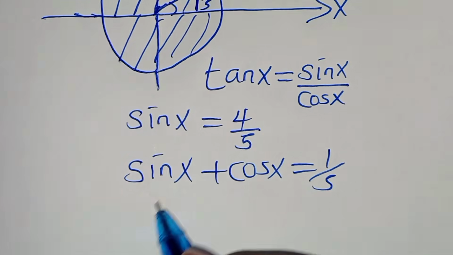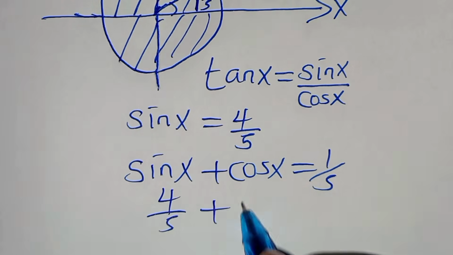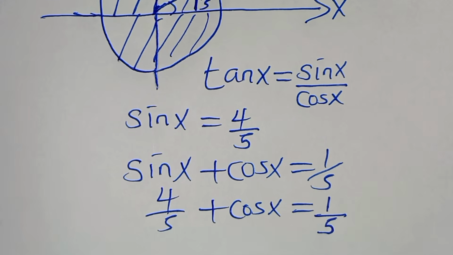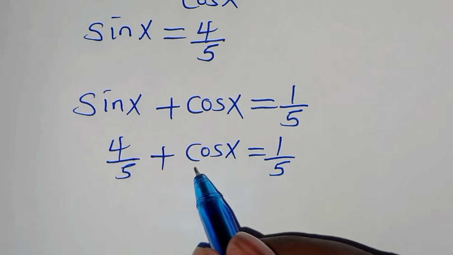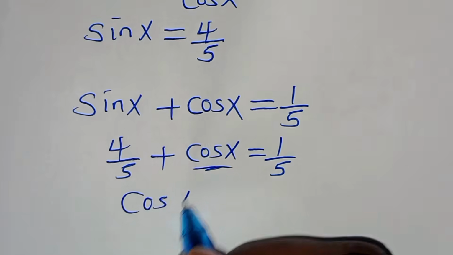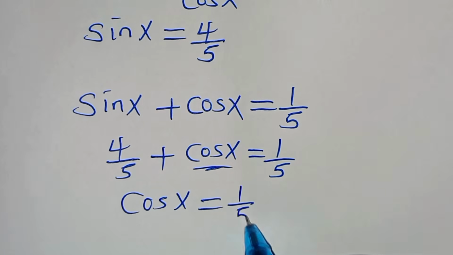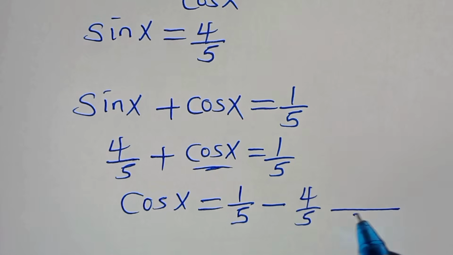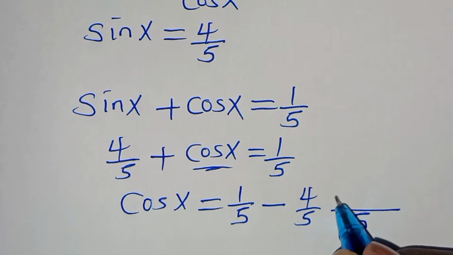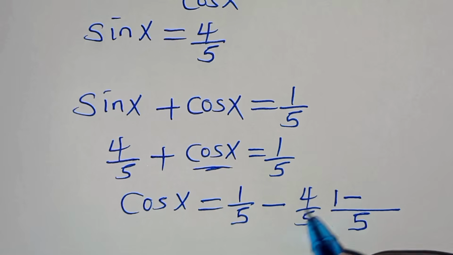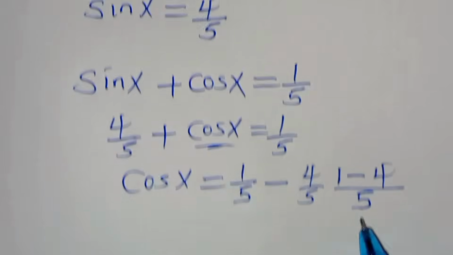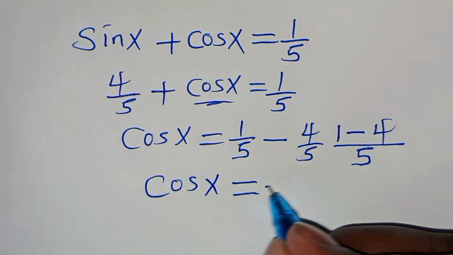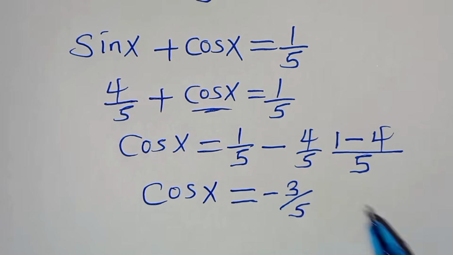Substituting sine x, which is 4/5, plus cos x is equal to 1/5. Now cos x is equal to 1/5 subtract 4/5. Here we have 5. 5 divided by 5 is 1 times 1, this is 1. Minus 5 divided by 5 is 1 times 4, this is 4. So cos x, in this case, is equal to negative 3/5.